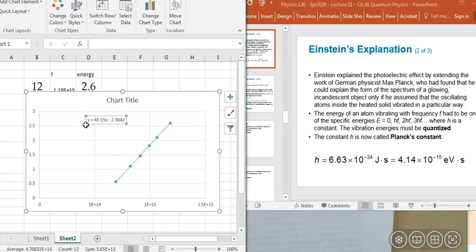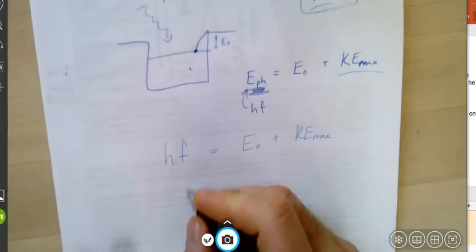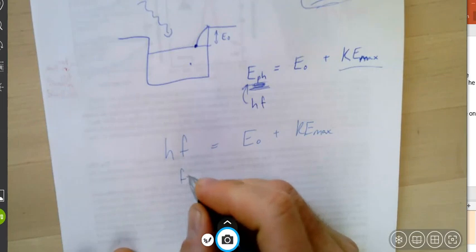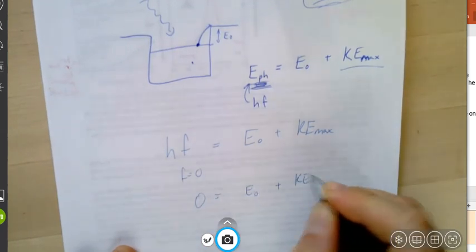That number is Planck's constant, 4.14 times 10 to the minus 15 eV times seconds. And that corresponds to the situation where if f is equal to 0, then 0 is equal to E naught plus the kinetic energy max.